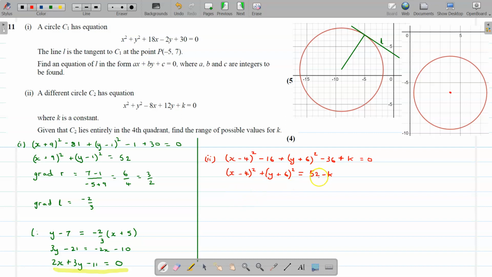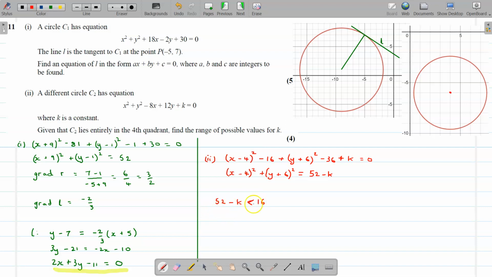Well, the radius is given by the square root of 52 minus k. So 52 minus k has to be less than 16. Let's do that one first.